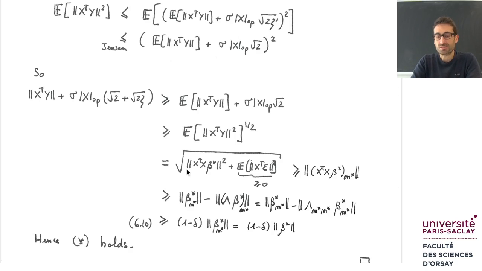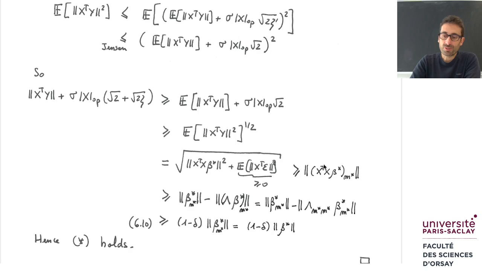So now we have the norm squared of a vector, and we will again lower bound it by looking at the norm of a subpart of this vector. We'll only keep the indices which are in the support m star of beta star. Right? So I remind you that m star is equal to the support of beta star.